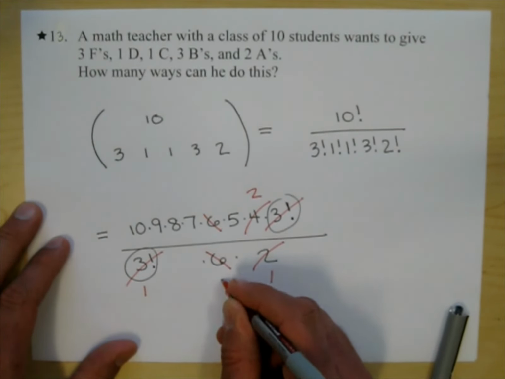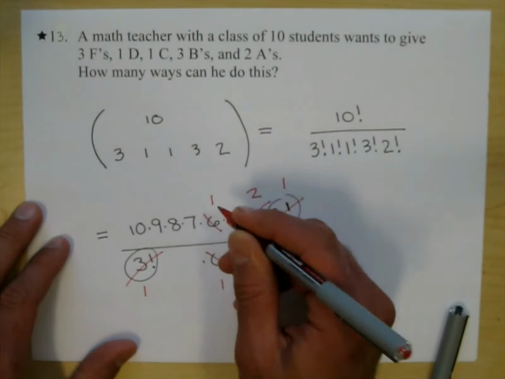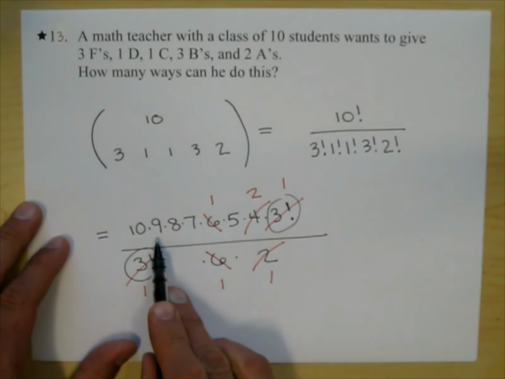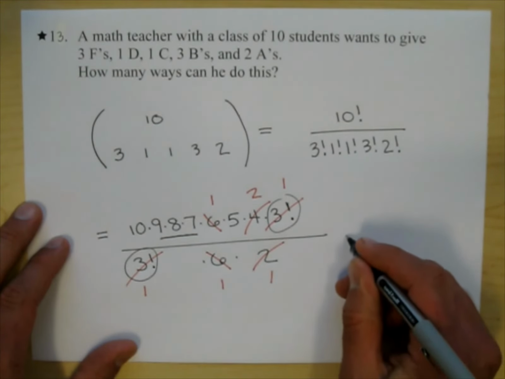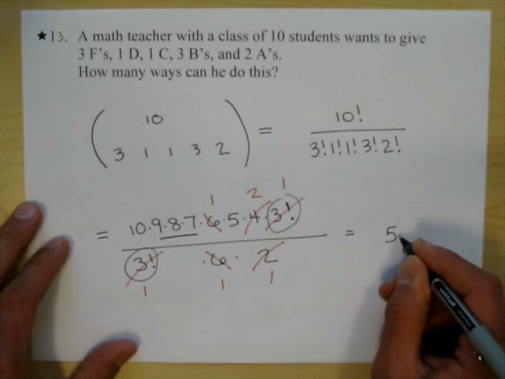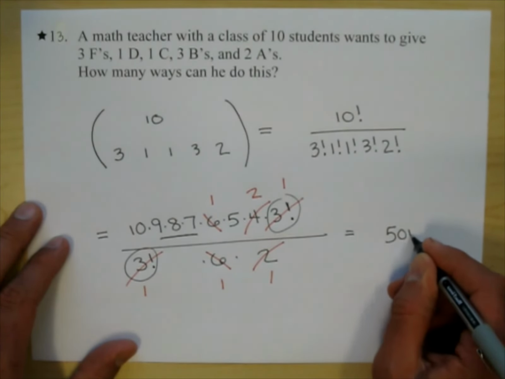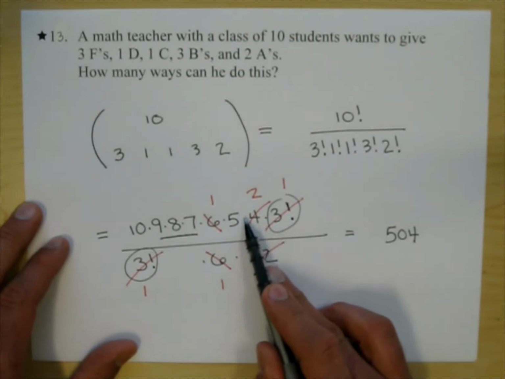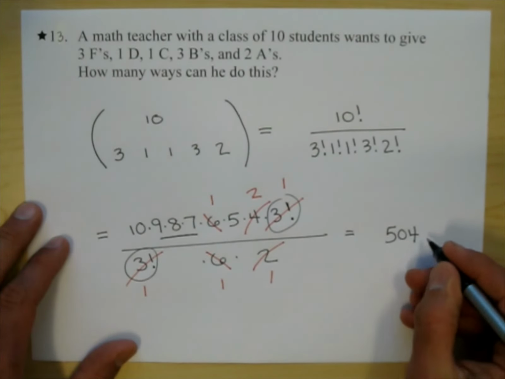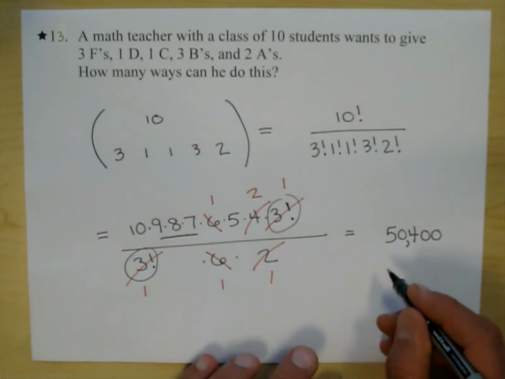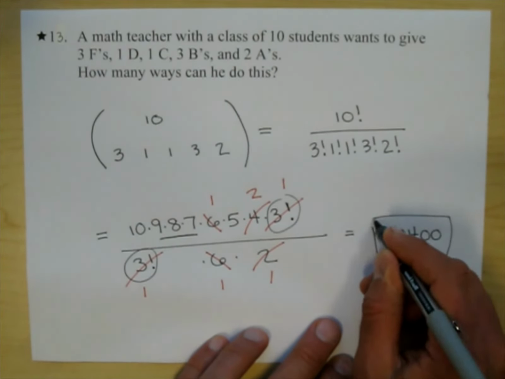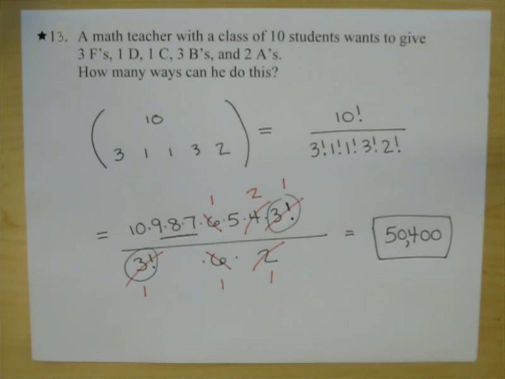Everywhere else is 1s that went away completely. I have 9 times 8 times 7. That's 504. We've seen that come up a few times. And then 5 times 2 is 10, and then you have another 10, so you're really multiplying it by 100. So there are 50,400 ways that you can do this.